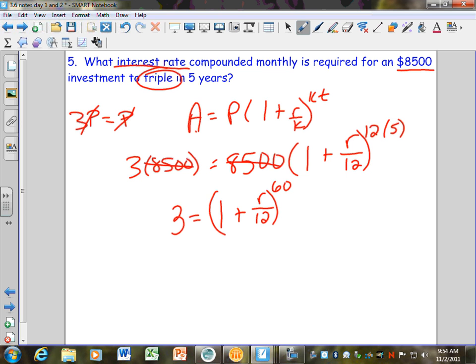Maybe you want to ln. ln of 3 equals, I'm going to pull that 60 down, 60 ln of (1 plus r over 12). Oh, wait a minute. I foresee a problem with lning both sides. I can divide the 60 over, but what would I do with this now? e both sides?